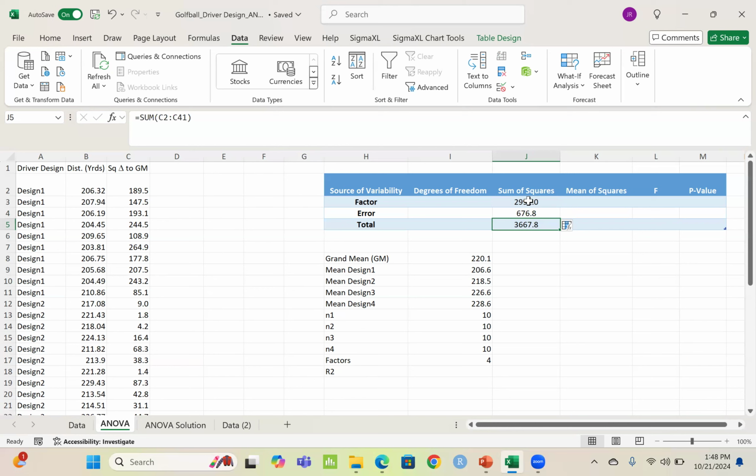ANOVA table. To continue filling our ANOVA table, the next thing that we need to do is to calculate the degrees of freedom for the factor. I told you that this is a minus 1, and a was how many factors I have, so is this number.